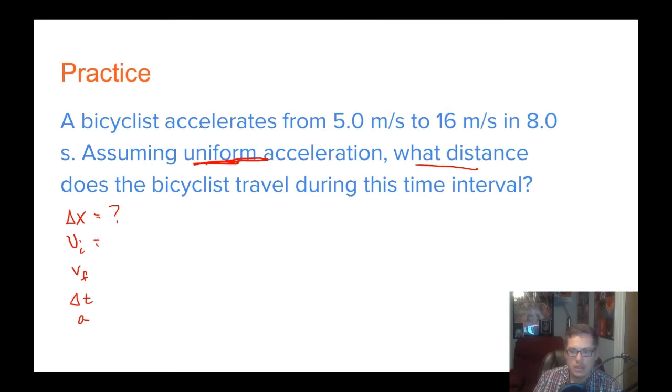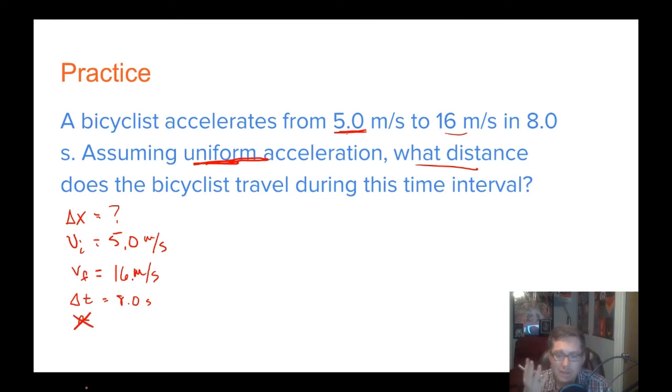Initial velocity, well it accelerates from 5 meters per second, so it's 5.0 meters per second. Our final velocity is the 16 meters per second, so we'll put that down, and our time is 8.0 seconds. Now, it tells us it's constant acceleration, but it doesn't give us a value. So that's a good hint that we're probably not going to need to use acceleration.